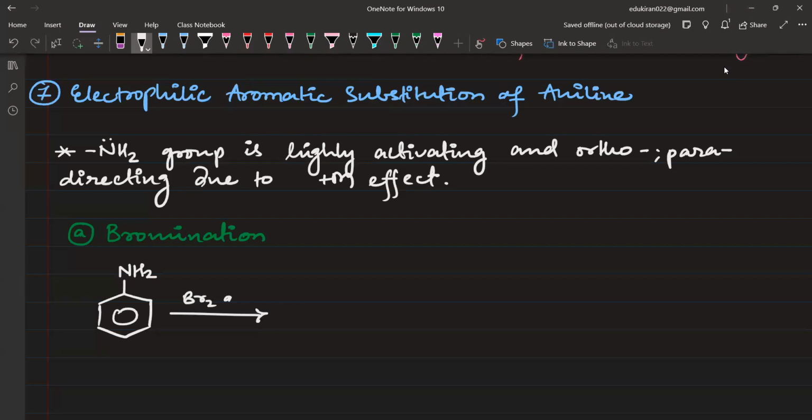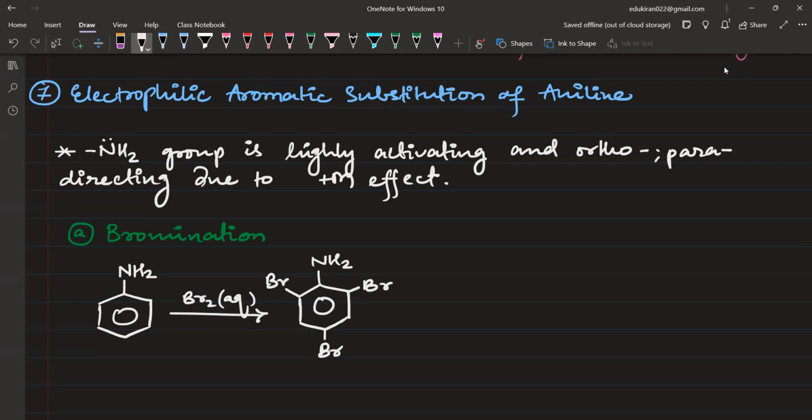Just bromine water is enough for this reaction. And we don't even get a mono substituted product. Rather, we get a tri substituted product. The reactivity is so high that all the ortho and para positions have been substituted with bromine.